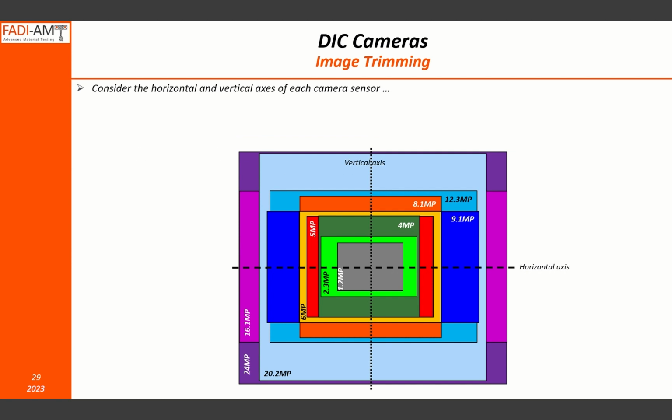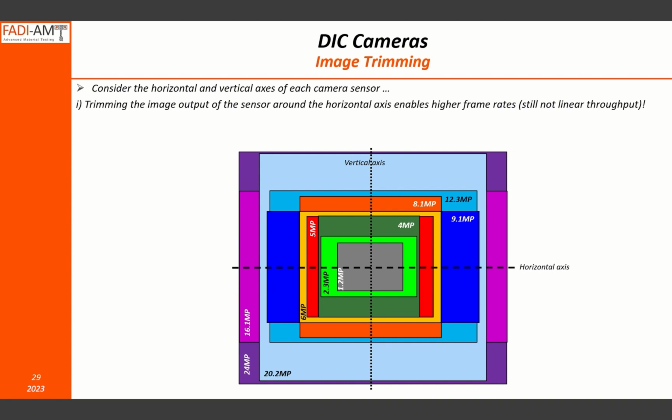Well, let's talk about trimming. Imagine or consider two axes here with all of these sensors, horizontal and vertical, for each of these sensors. Trimming the image, this is just a fact and a limitation of these sensors. Trimming the image around the horizontal axis will enable you to achieve higher frame rates.